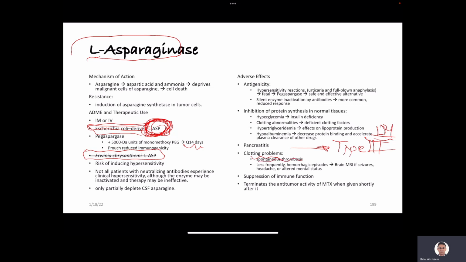This could lead to spontaneous thrombosis or hemorrhagic episodes, or like brain hemorrhage. It could also lead to suppression of immune function and terminates antitumor activity of MTX, methotrexate, when given shortly after it.